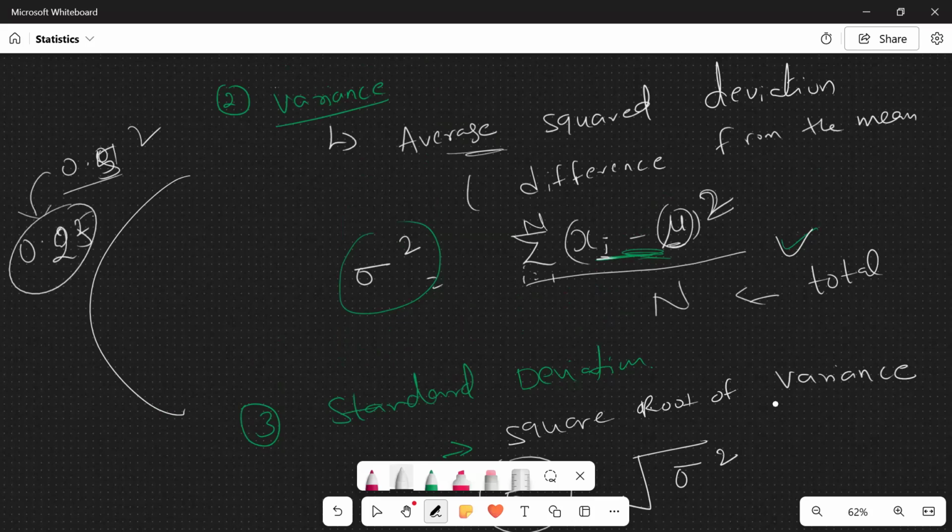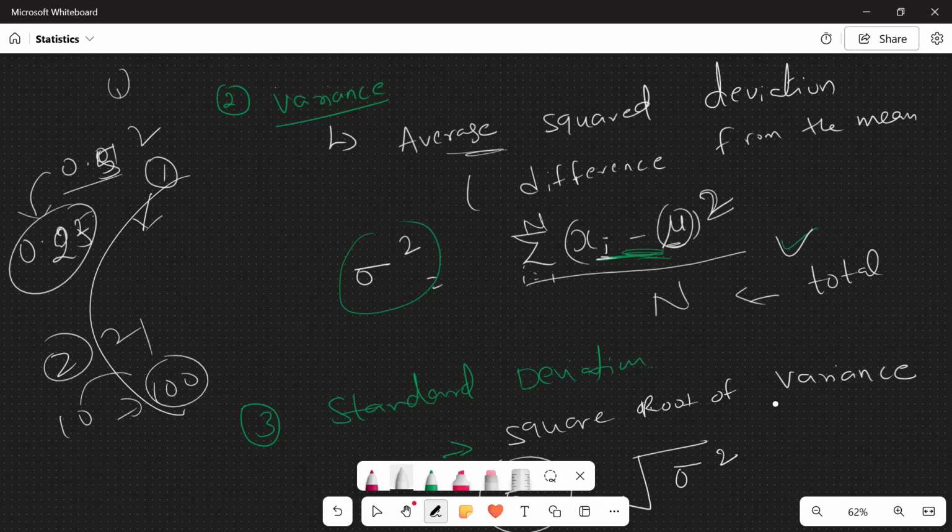That means if your difference is less than 1, it will show you a very small variation. But because of the same square term, if the difference is more than 1, even a small difference will be increased. For example, if 10 is your difference, then the square is 100. If you compare these two, it's definitely large. Am I right or not?